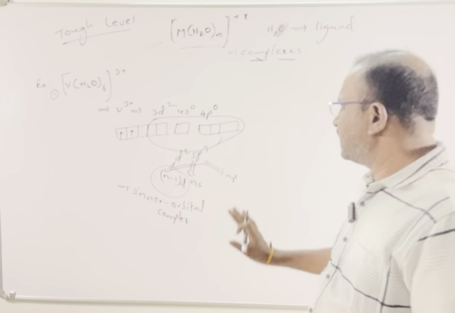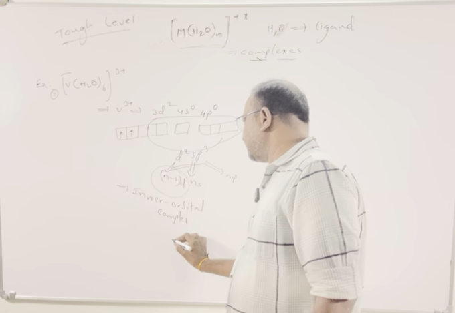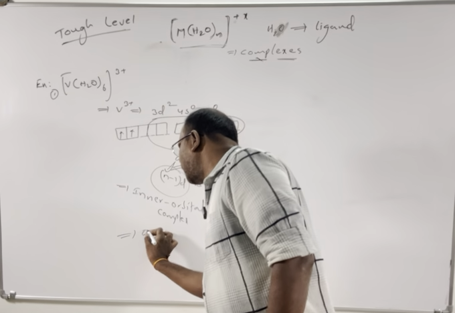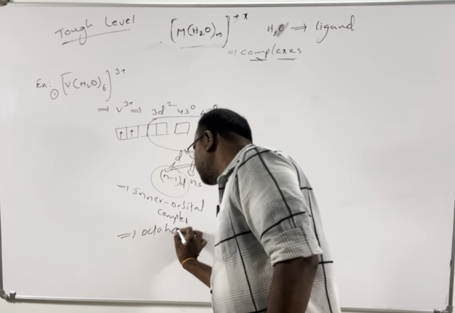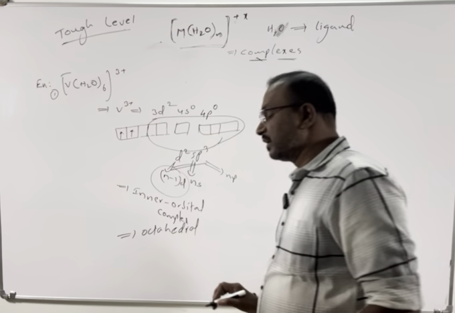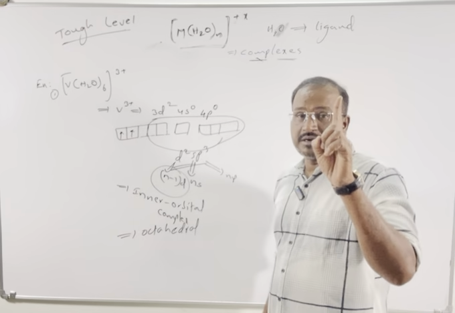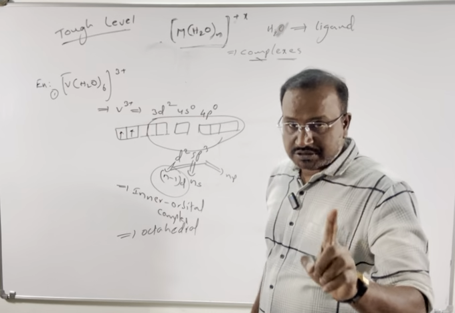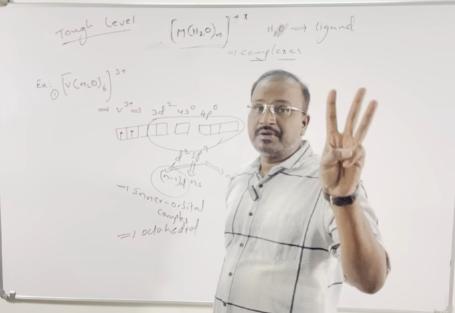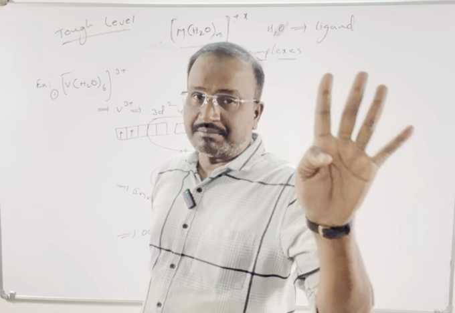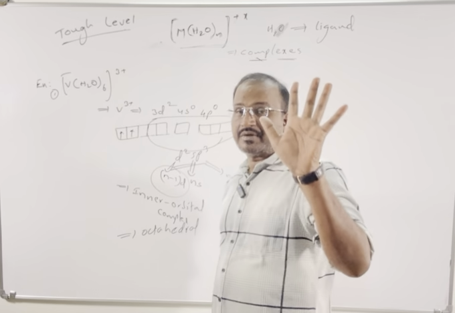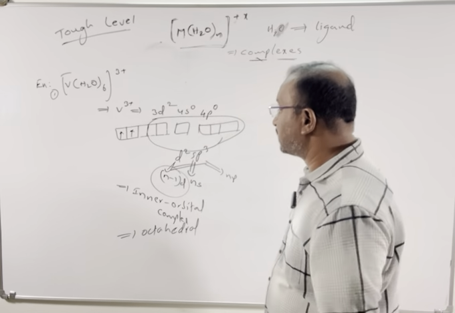So hybridization d2sp3 means the shape will be octahedral. Remember, the main concept of valence bond theory is determination of hybridization, shape, number of unpaired electrons, magnetic nature and magnetic moment. For these 5 things we use valence bond theory.